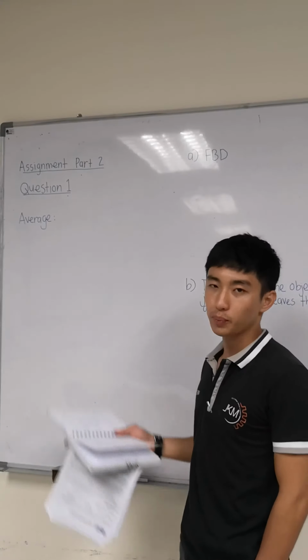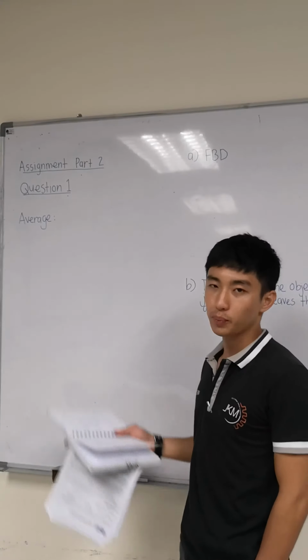Next is x: x naught 1 plus x naught 2 plus x naught 3 divided by 3, where all three of these are 0, so 0 plus 0 plus 0 divided by 3 gives 0. Same for y: y naught 1 plus y naught 2 plus y naught 3 divided by 3, all 0 also, so we get 0. These are the averages of theta, x and y.